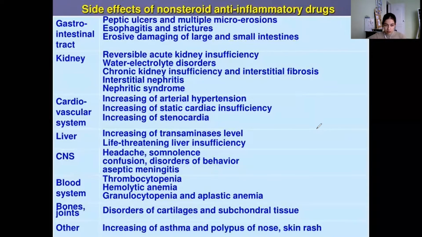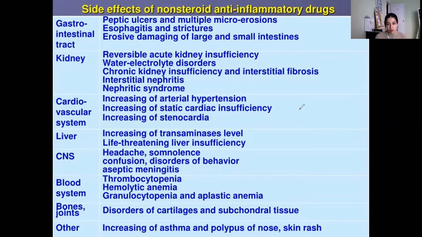For the cardiovascular system, of course, everybody understands that it can lead to thrombocytopenia, and also it can increase the arterial hypertension and static cardiac insufficiency, and stenocardia can occur.